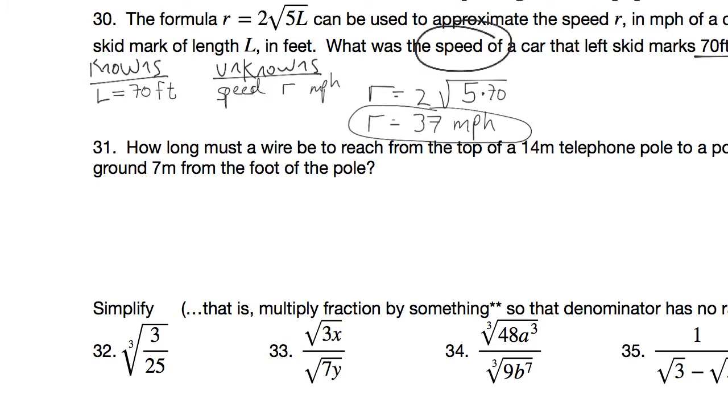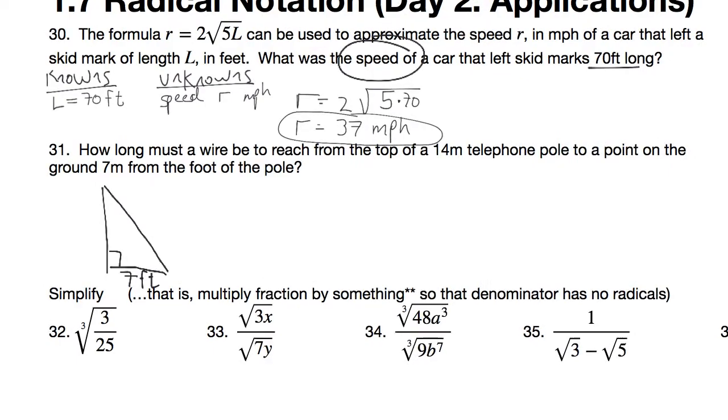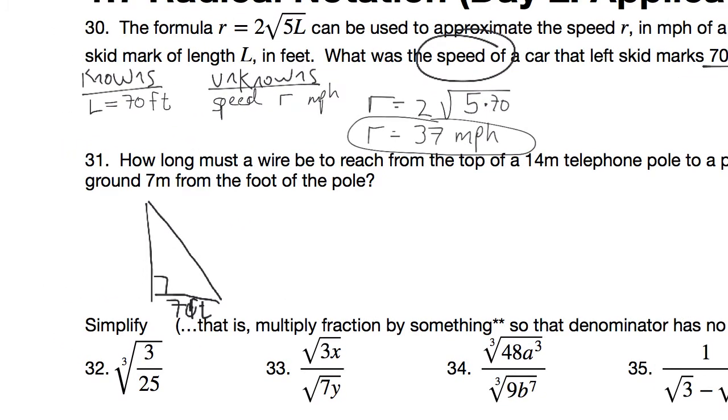So, a telephone pole, the wire, and the ground 7 meters from the foot of the pole. I'm just drawing a picture. That's another strategy. Just drawing pictures is a really good idea. The top of a 14-meter pole, 7 meters from the base. How long must the wire be?